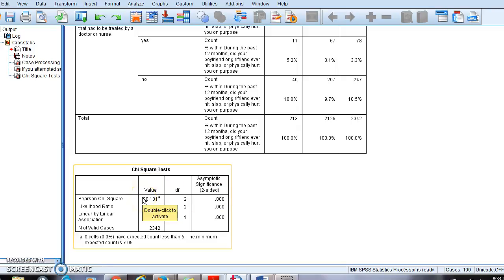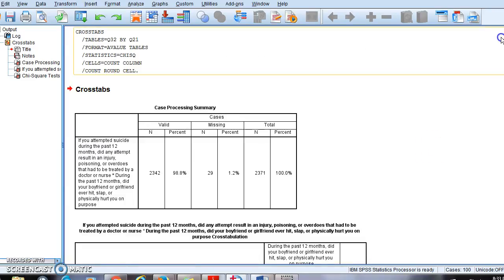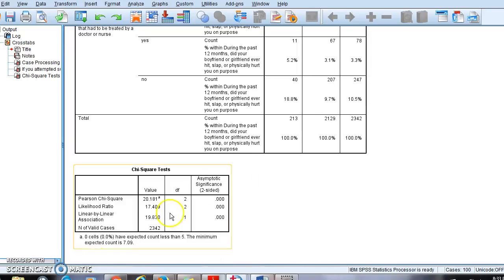And since our numbers are positive, they're not negative, this means that we have a positive relationship. And that just means as one variable increases, so does the next. So as A goes up, B goes up. And that is how you perform chi-square in SPSS, and that is how you interpret it. Thank you.